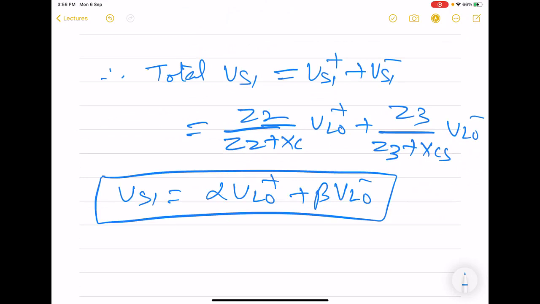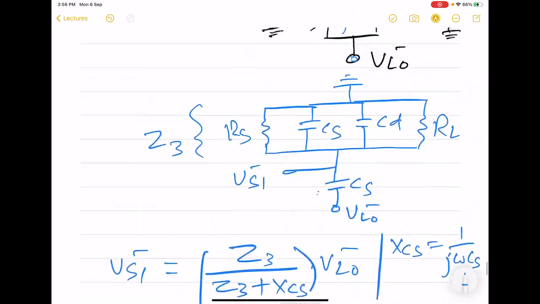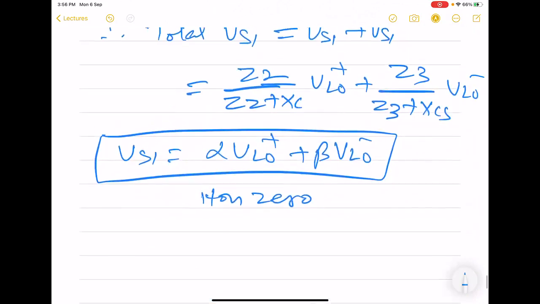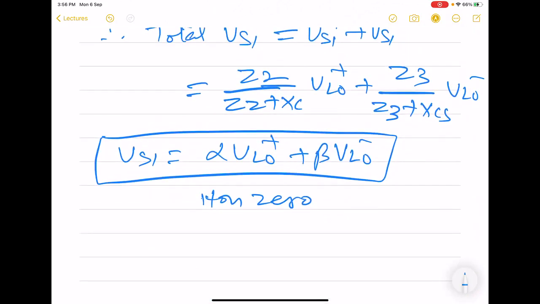So we see that this is going to be in general non-zero. So there is a leakage of LO to RF even in the single balance case, because this port is single-ended. So maybe when we convert this to differential port, this might get eliminated. So this is the story during the first half.